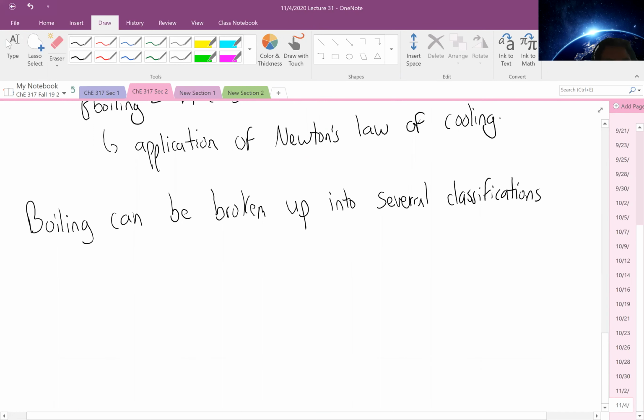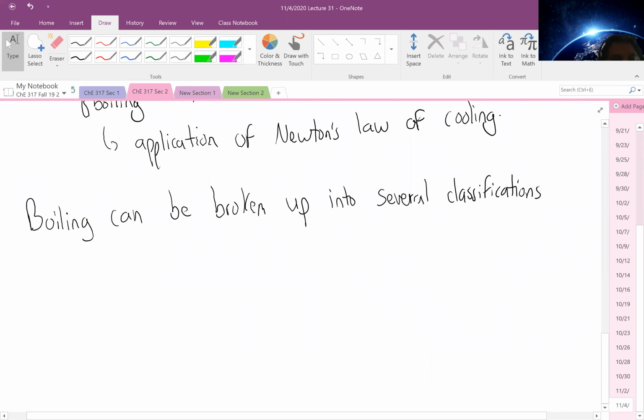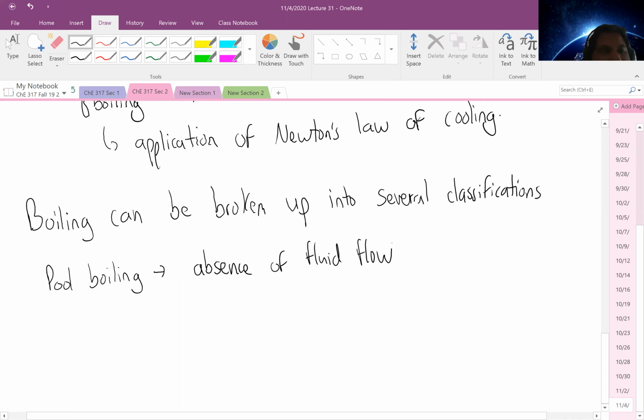An example of some of these is pool boiling. In the absence of fluid flow, if a system or a liquid is boiling, we consider that pool boiling. A good example of this is water in a pot.